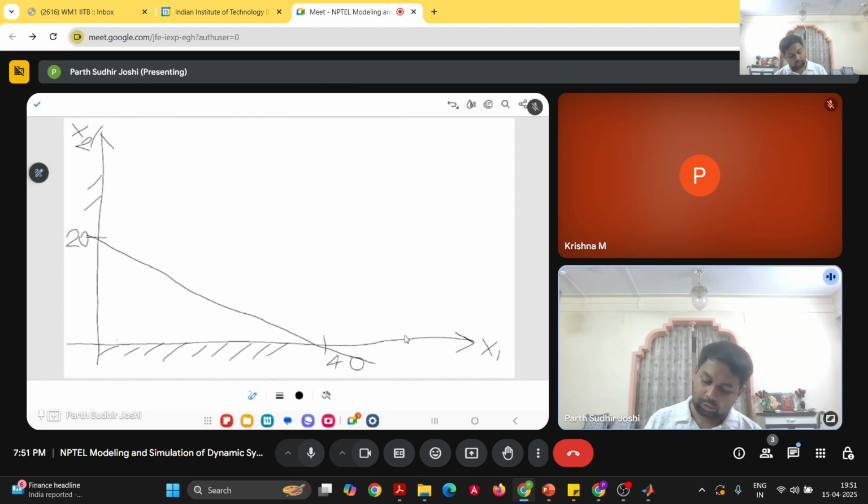So we are already in the first quadrant, which is the feasible region. So now which side of the line is the feasible one? How do we find that out?